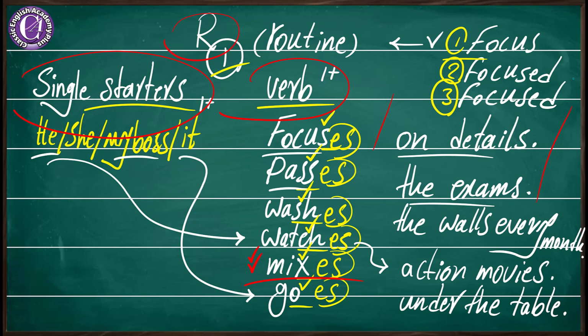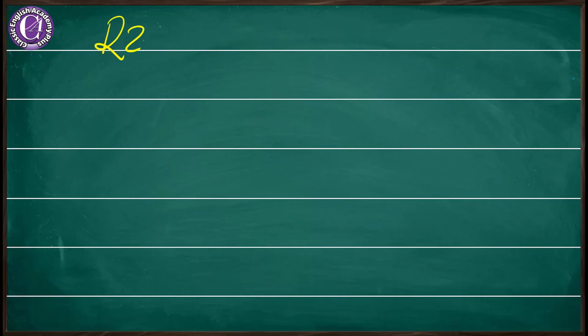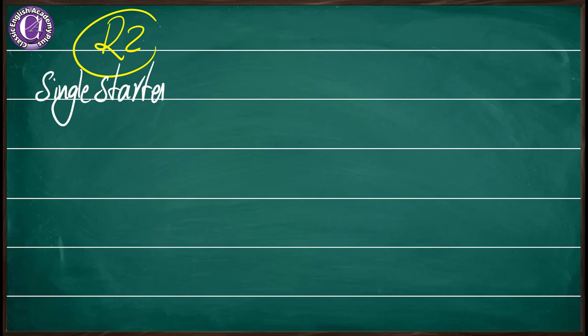Be careful. We are going to continue with the second rule. Rule number 2 is very, very easy. We have the same single starters. Again, like many different kinds of sentences that we have, single starters can come to a sentence, but there is a kind of rule.